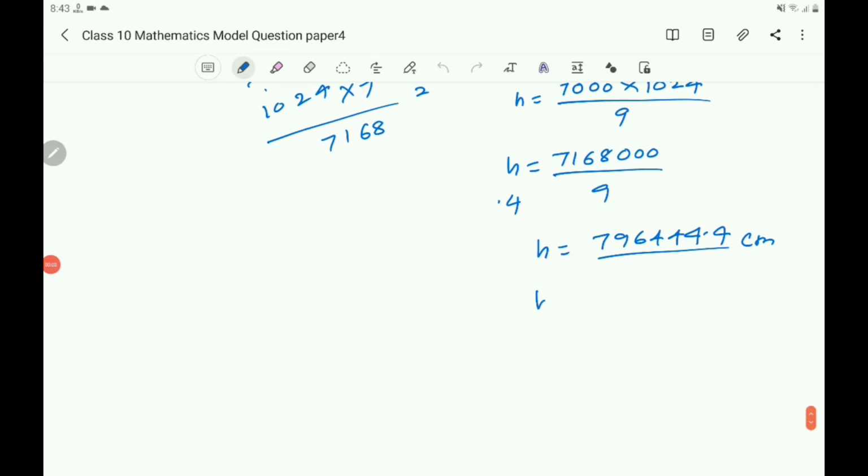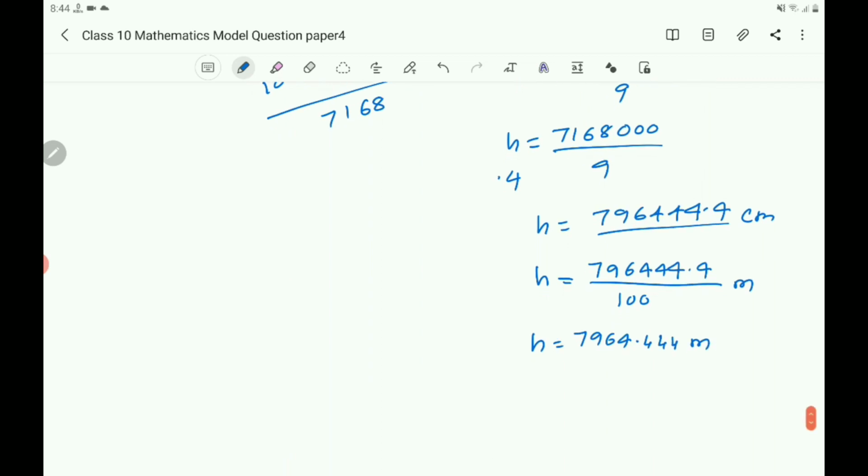So you can convert this into meters by dividing by 100, because 100 centimeters equals 1 meter. Then 796444.4 by 100 becomes h equals 7964.444, which we can take as 7964.4 meters.